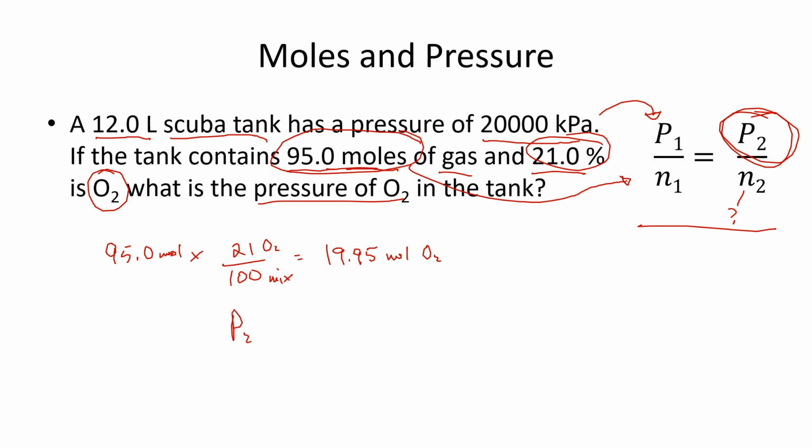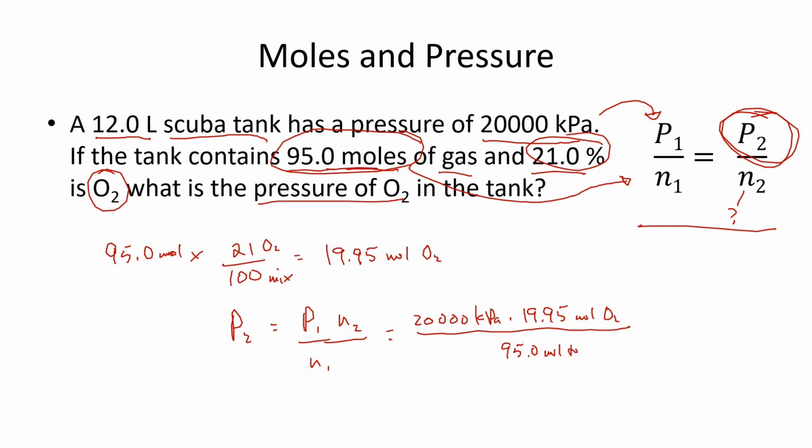So P2 equals P1 N1 times N2. So the initial pressure is 20,000 kilopascals. The number of moles that's oxygen is 19.95 moles of oxygen. The total number of moles was 95.0 moles total.